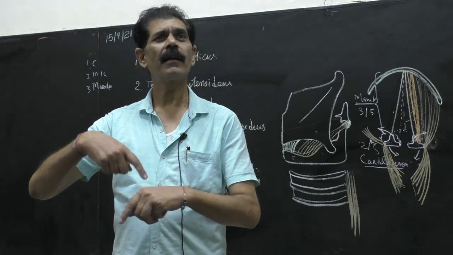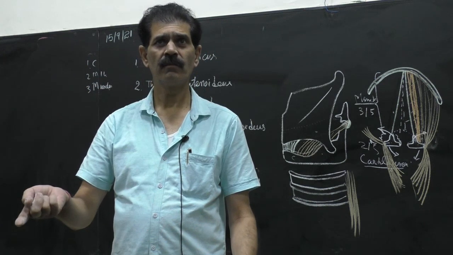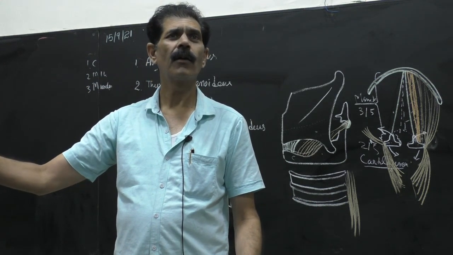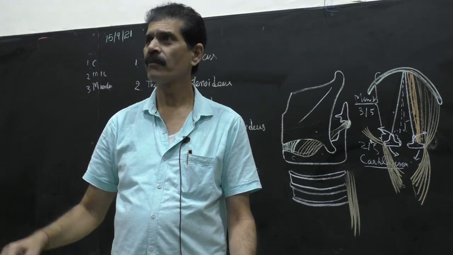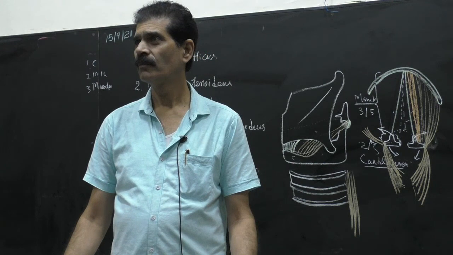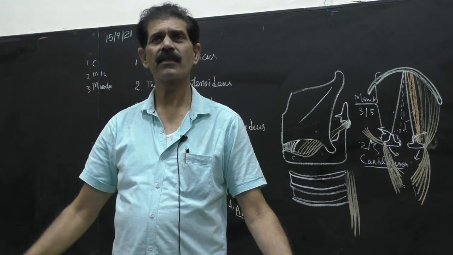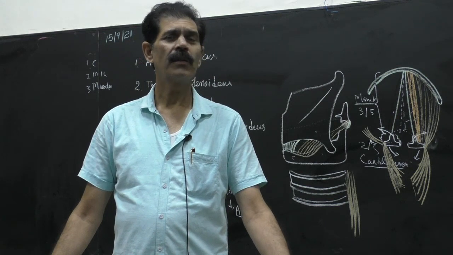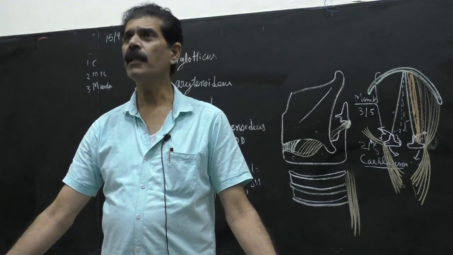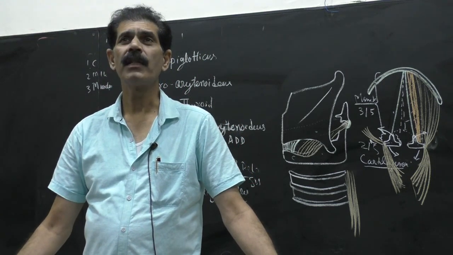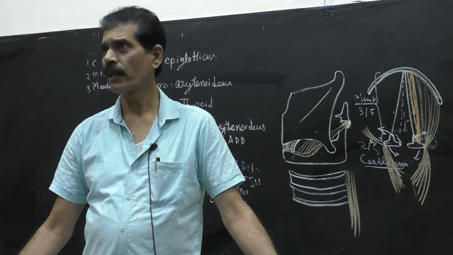The adductor muscles will supervene and they will close the laryngeal glottis, the rima glottidis, and the patient will die. Death will occur because the nerve supply is gone. That's why it is called the safety muscle of the larynx. That is posterior cricoarytenoideus.